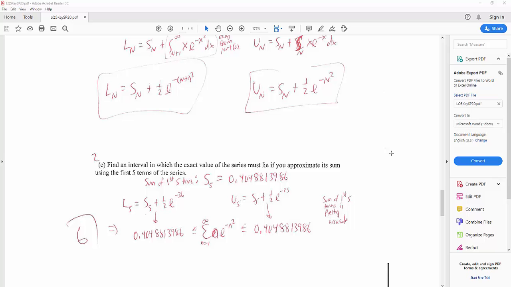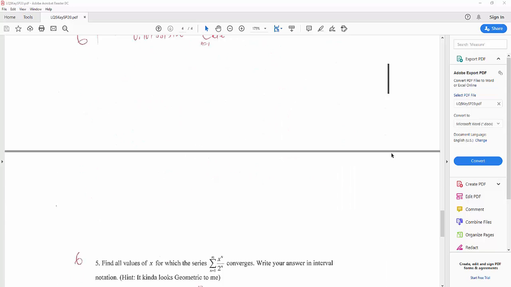Well, since the lower bound and upper bound are the exact same number to as many places as my calculator would show, it looks to me like the sum of the first 5 terms of the series gives a pretty accurate sum to the series, which is amazing. We just added up 5 terms and we have a decent sum to the series.